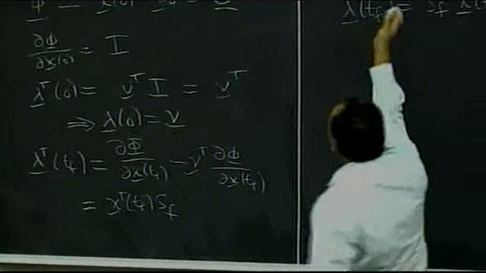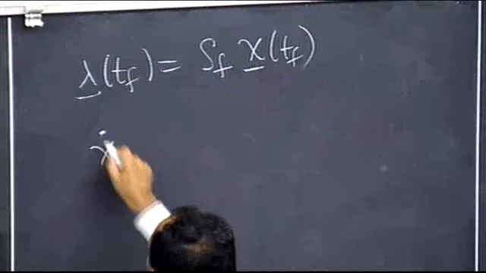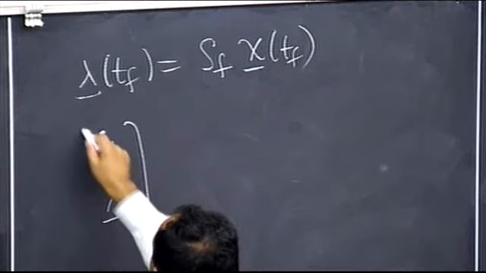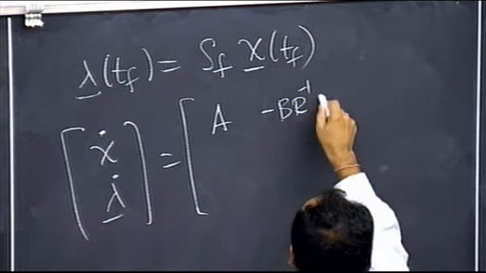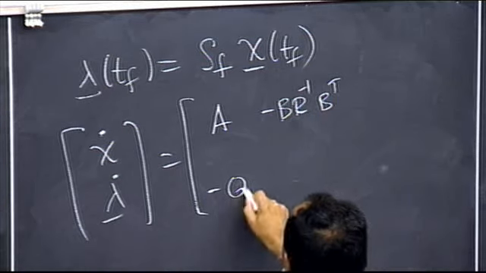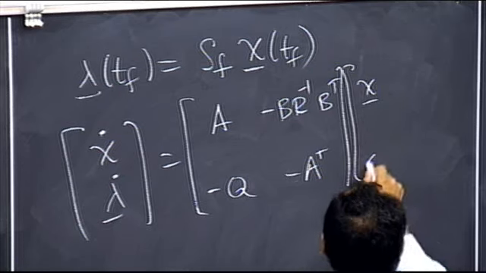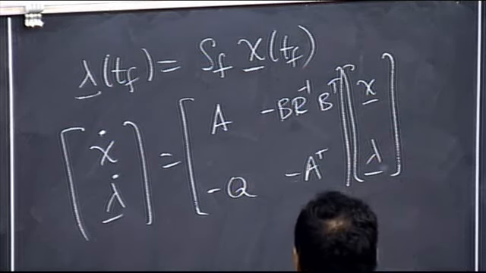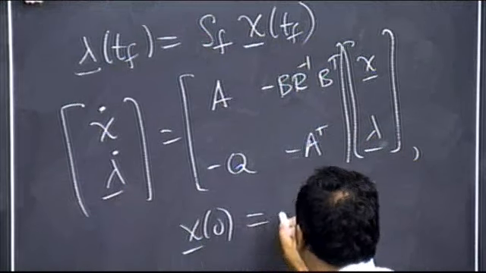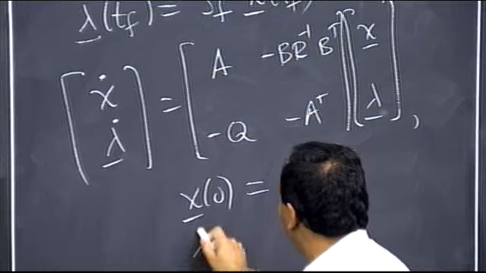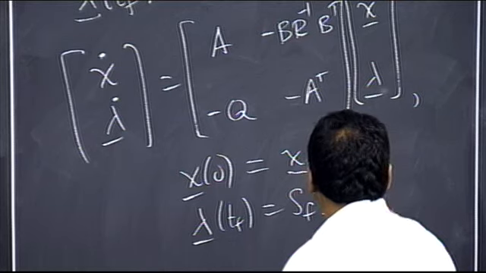So now, if I add these boundary conditions into the problem statement, I'm going to go back and use x again. I've got x dot, lambda dot is equal to A, minus B R inverse B transpose, minus Q, minus A transpose, times x, lambda. But now I have the boundary conditions that x at 0 is equal to x0 and lambda at TF is equal to SF times x at TF.